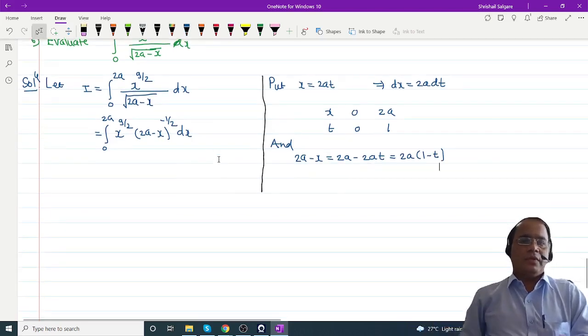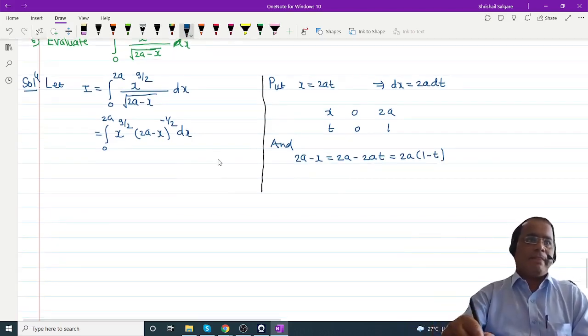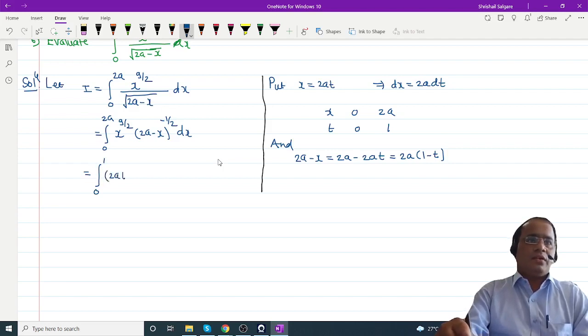Therefore, that integral with new limits 0 to 1: x is 2at raised to 9 by 2, and the second bracket is 2a into 1 minus t raised to minus 1 by 2, and 2a times dt.